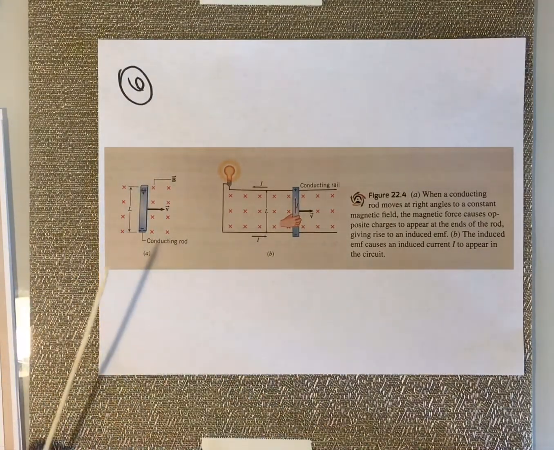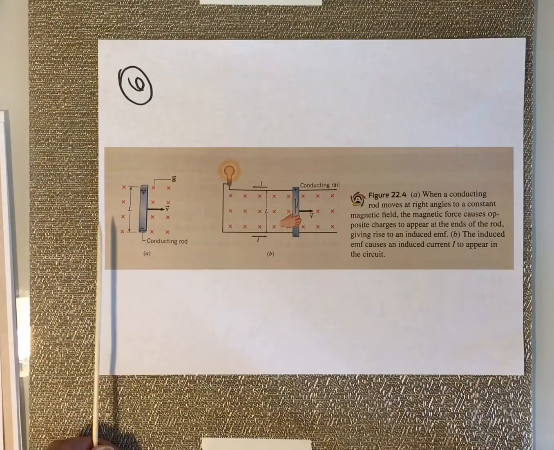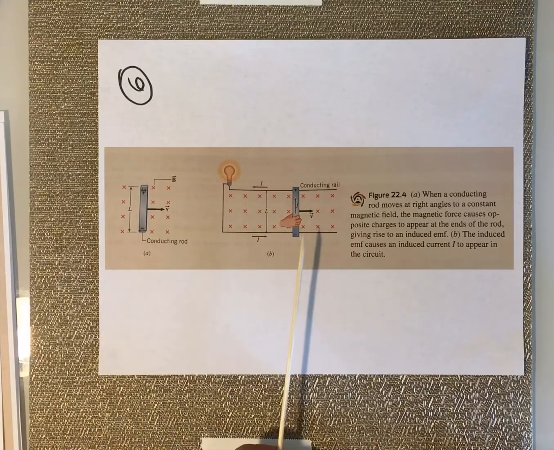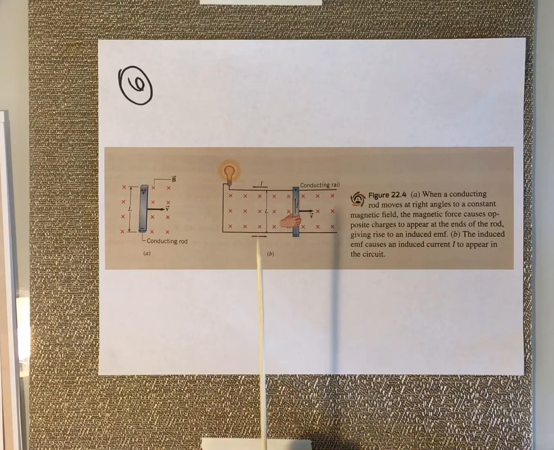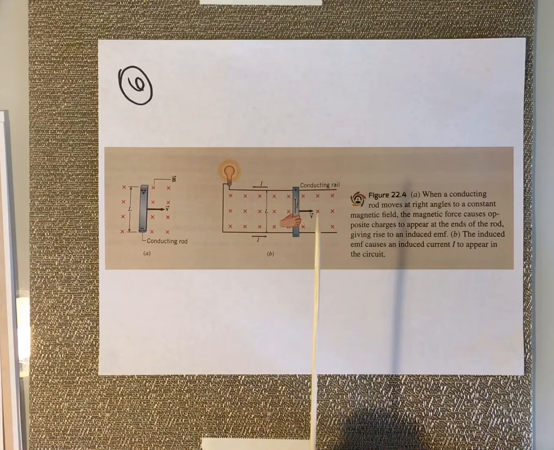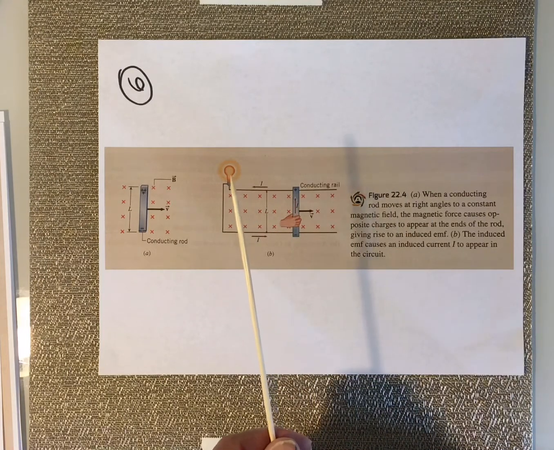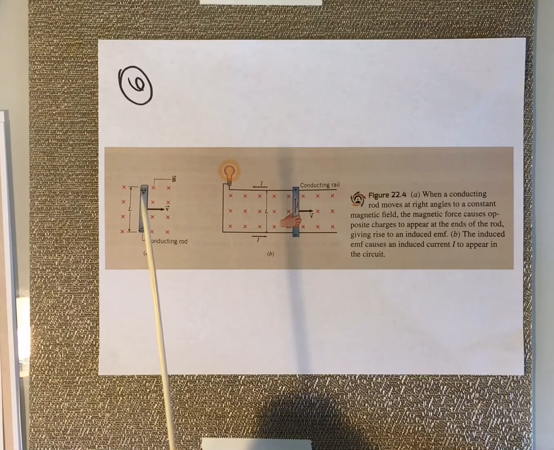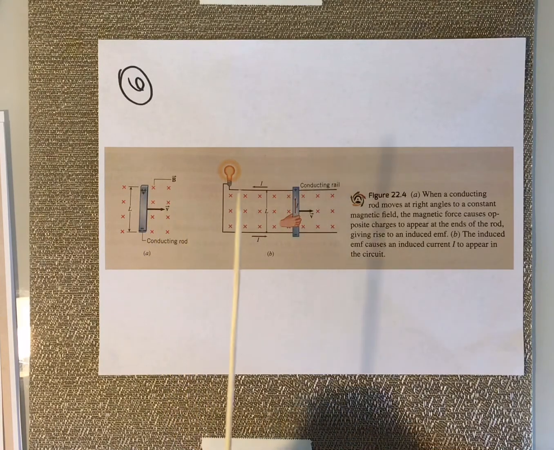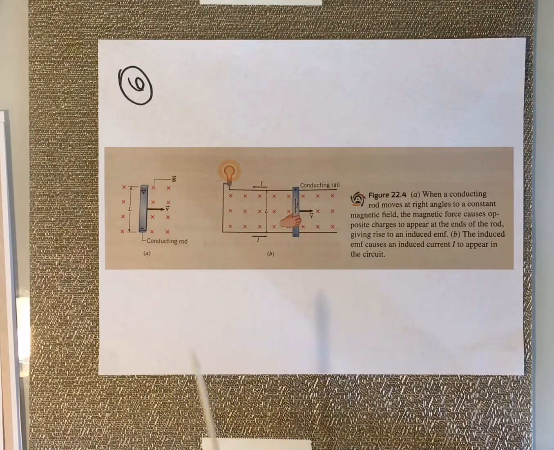You can clearly see in this picture here, the rod is moving, and there's a bulb which gets lighted. Slowly as your hand moves, you see the induced current is generated and the bulb gets lighted. But when it's stationary, not moving, there will be no current generated to light the bulb.